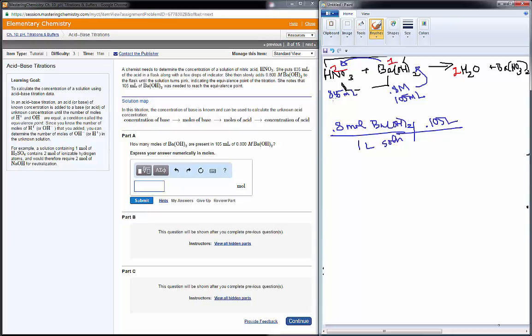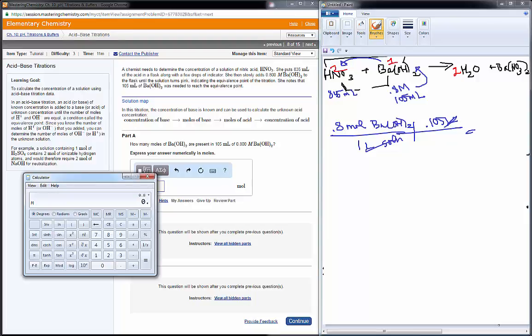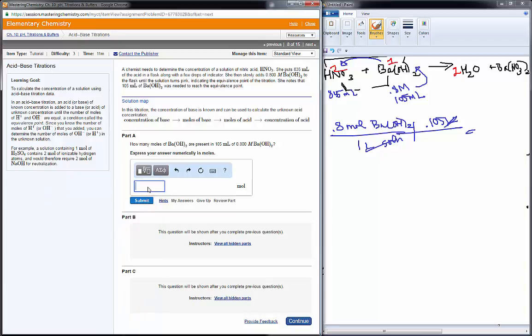Your numbers are likely different than mine, so careful there. Liters cancel, and I'm left with moles. 0.8 times 0.105, and I get 0.084.